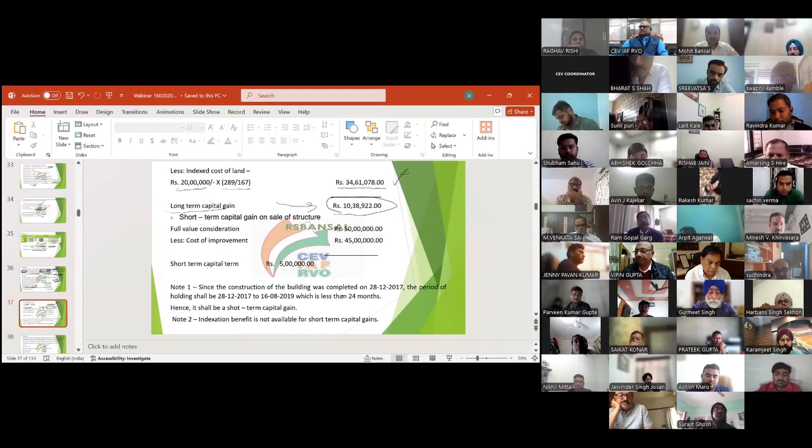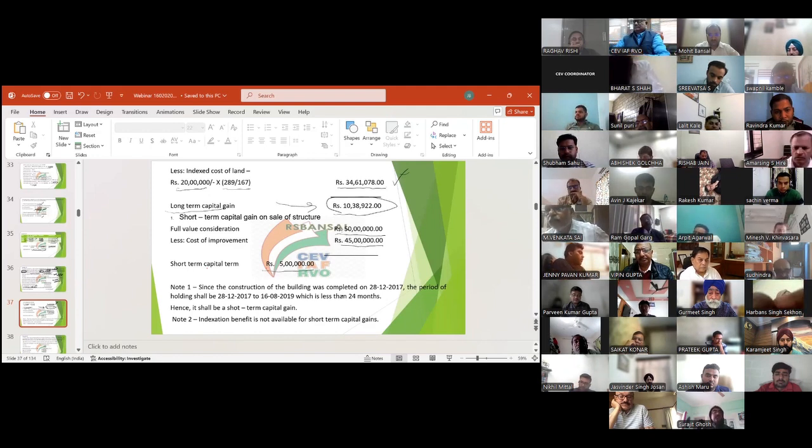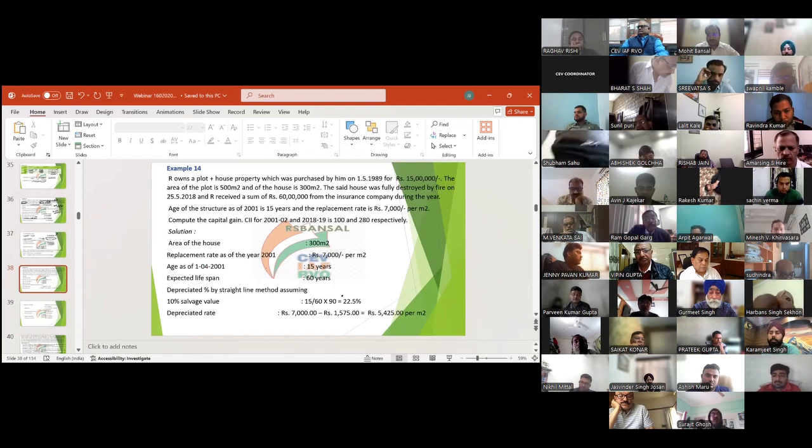So the full value consideration is 50 lakh and 45 lakh is what you have actually spent. So short-term capital gain will be 5 lakh. So in such cases, you have to proceed in this way.